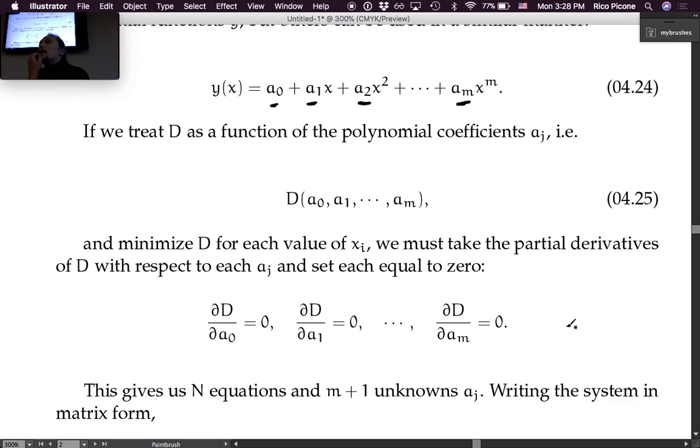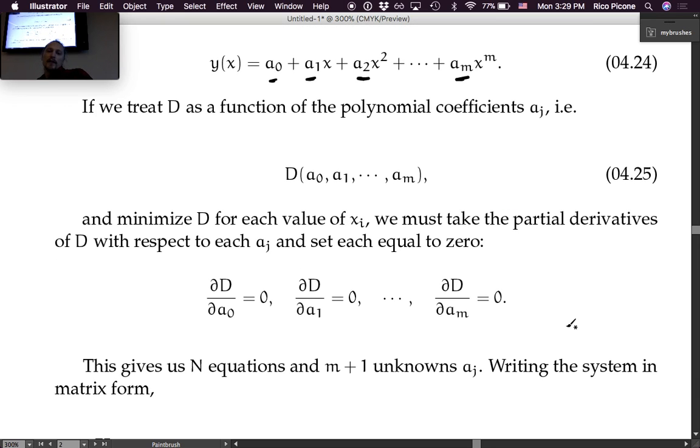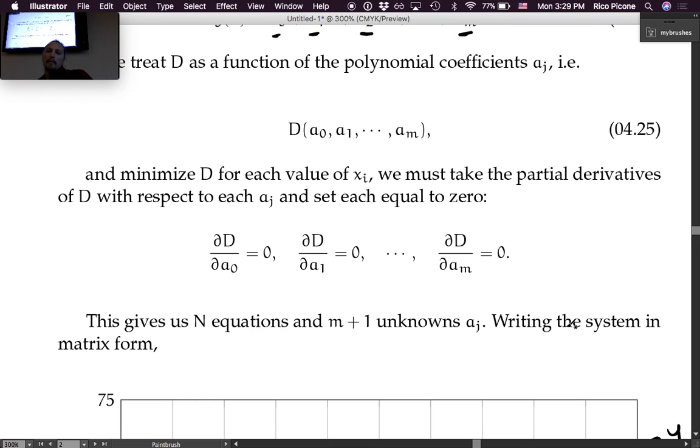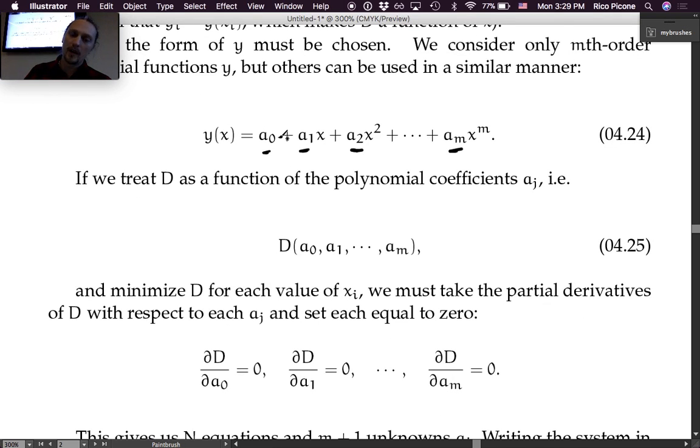Now, we're taking these partials and setting them equal to 0 because we want to minimize D with respect to all of these coefficients, right? And this is going to give us n equations and m plus 1 unknowns, which are our coefficients. So we want to know what the polynomial coefficients are that fit the data the best. That's the question that we're asking.